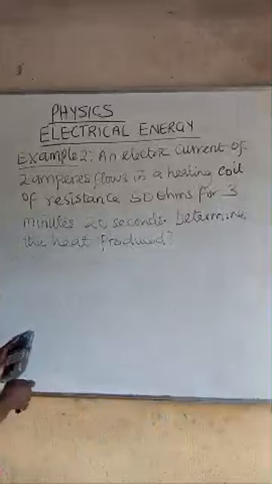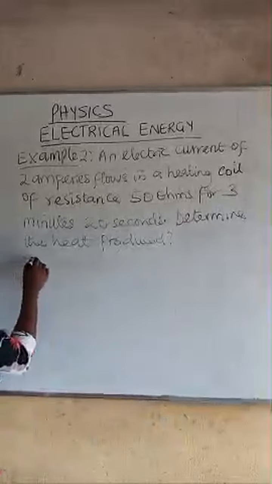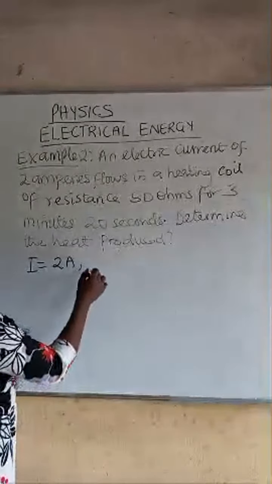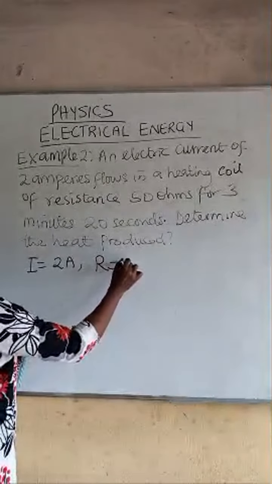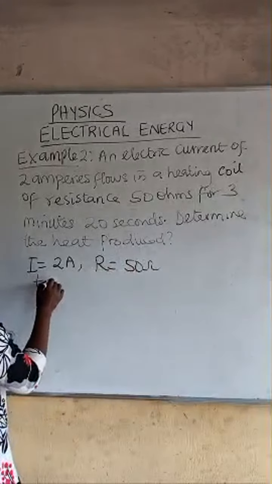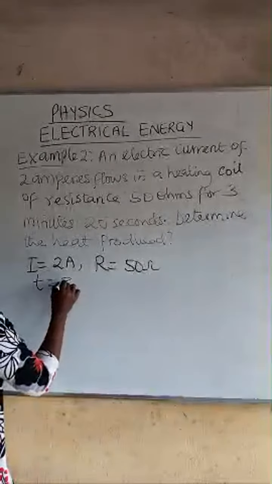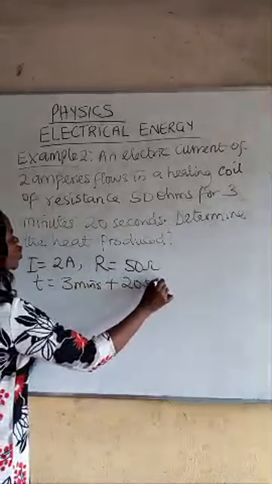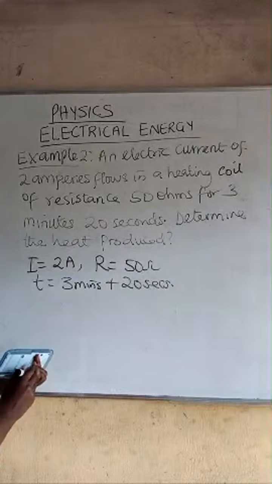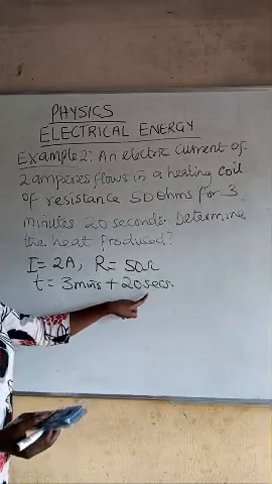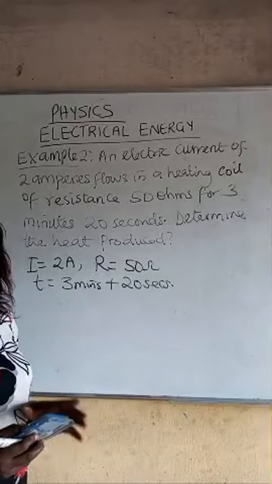We are given a current I, which is 2 amperes. Then the resistance R, 50 ohms. And the time, we have 3 minutes 20 seconds. That means 3 minutes plus 20 seconds. Remember that we are going to convert the minutes to seconds before we add, because our time must be in seconds.